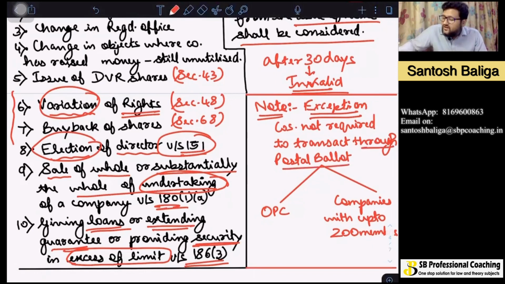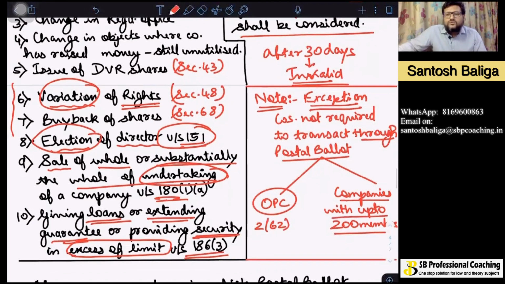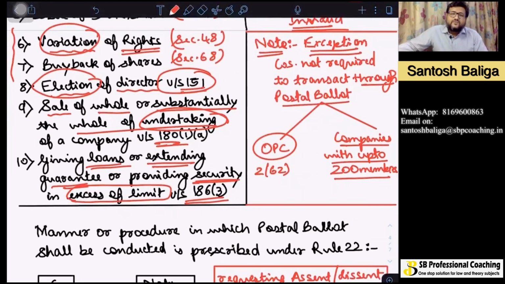If such company is a company in the nature of OPC, which is One Person Company, defined under section 2 subsection 62, and if the company has up to 200 members. So if the company is an OPC or if the company has up to 200 members, then postal ballot is not required. I hope this exception is also clear to you.